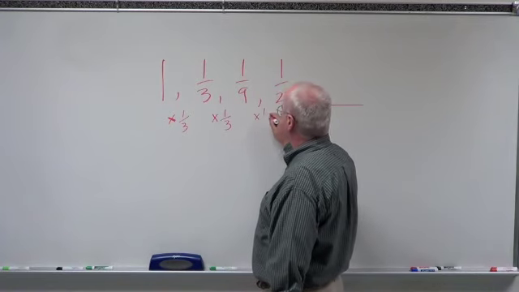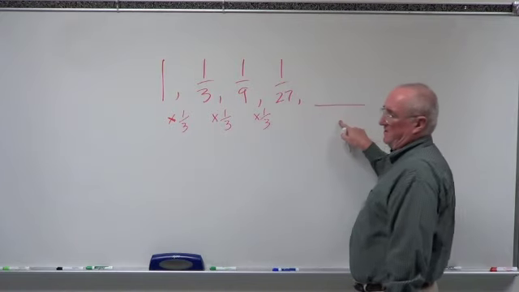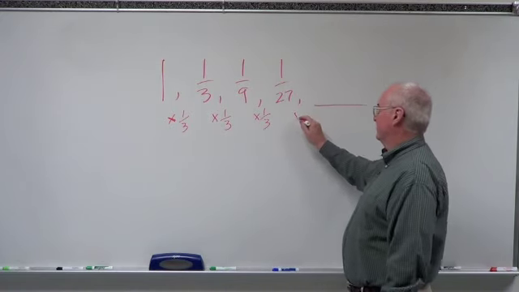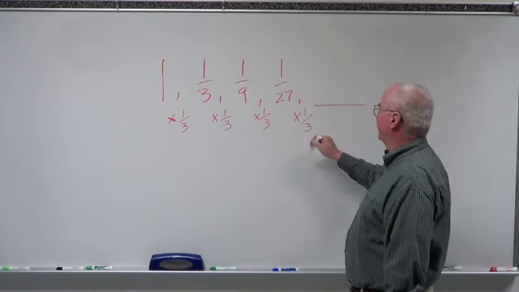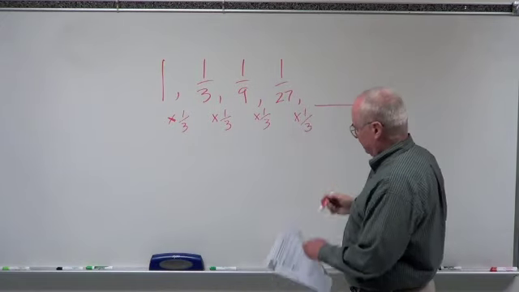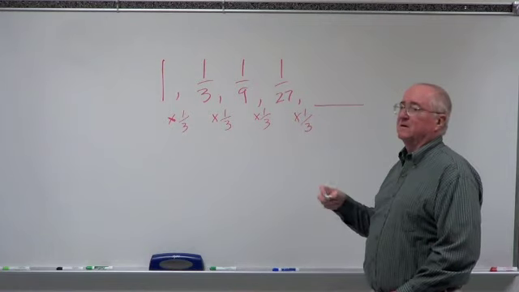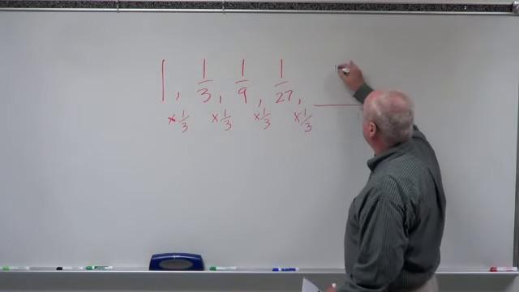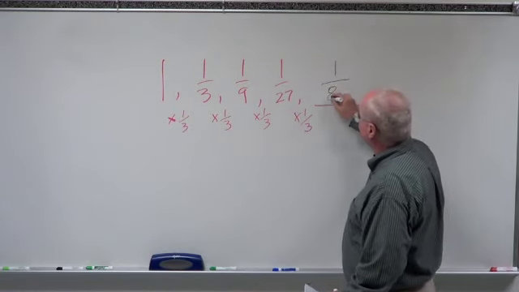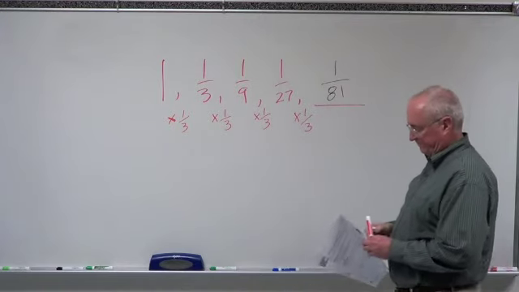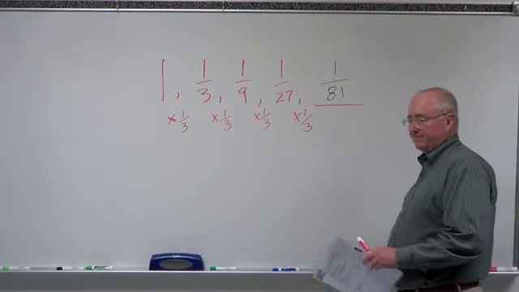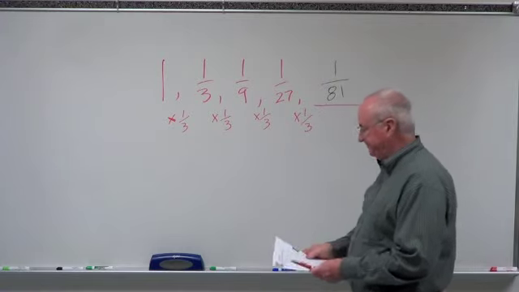We multiplied by 1/3. What do you think we're going to do here? Well, it sort of looks like we're going to multiply by 1/3. If we do that, what are we going to get? Come on, calculator. Put it to it. 1/81. Okay? Answer to that one.